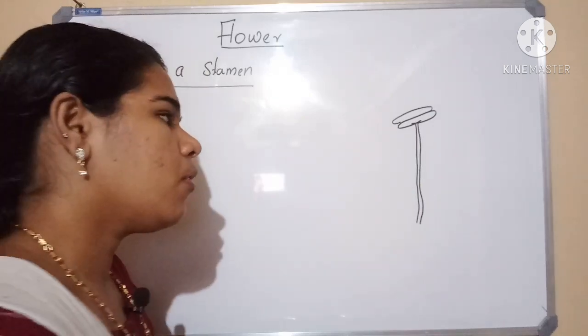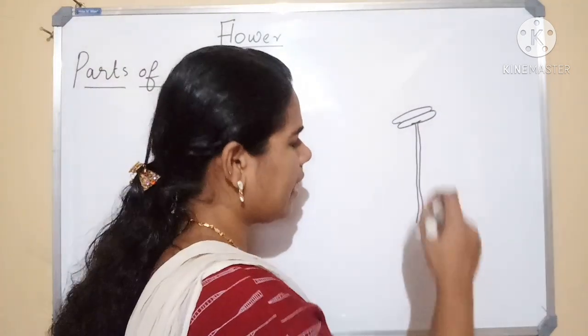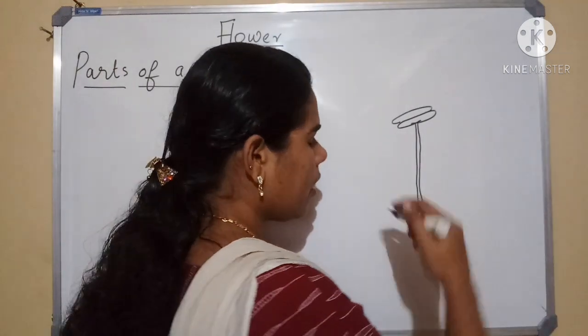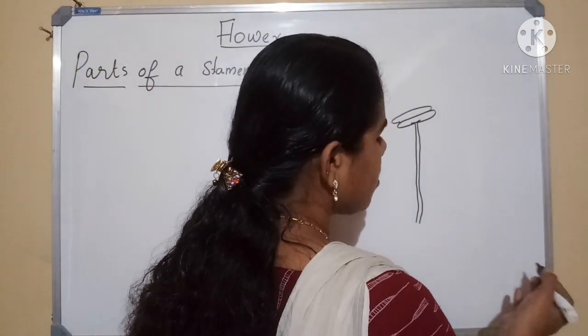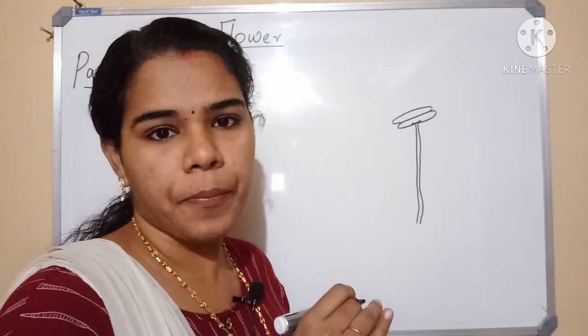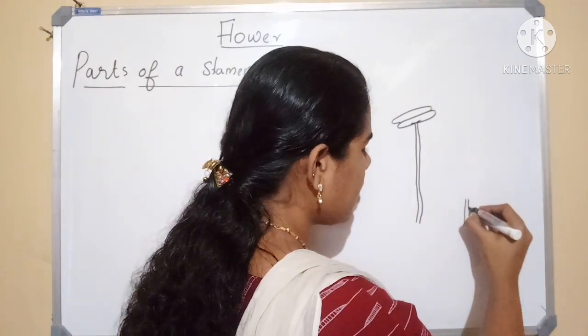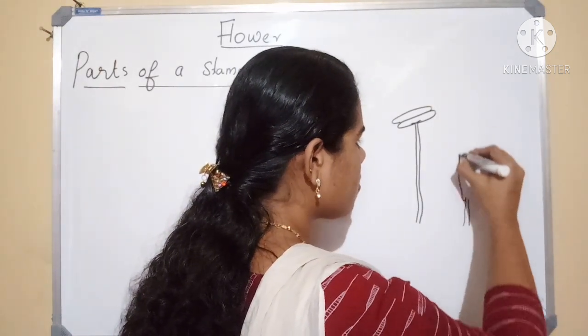For example, in the brinjal flower that we observed last class, we can see the stamen like this.